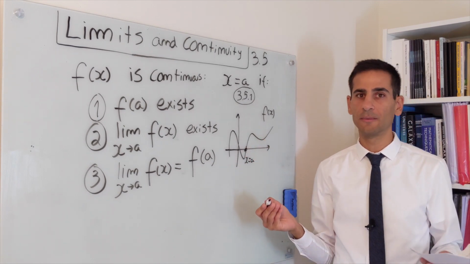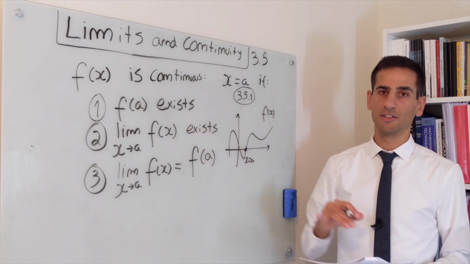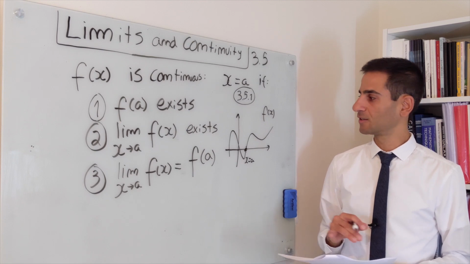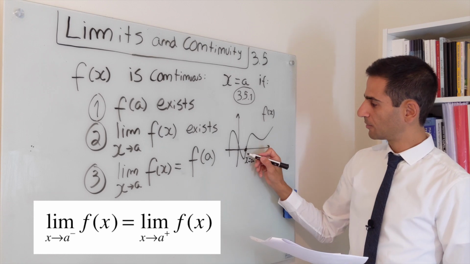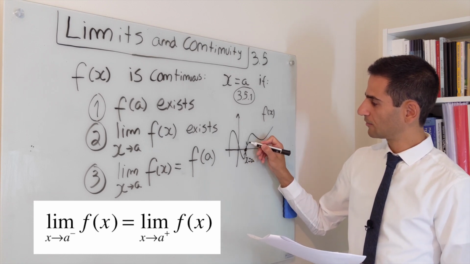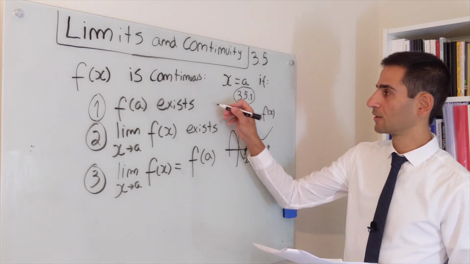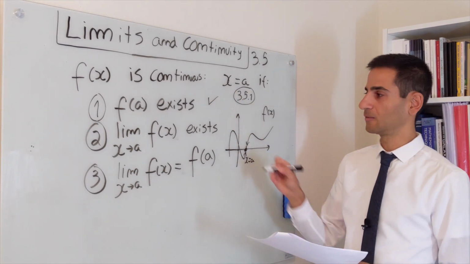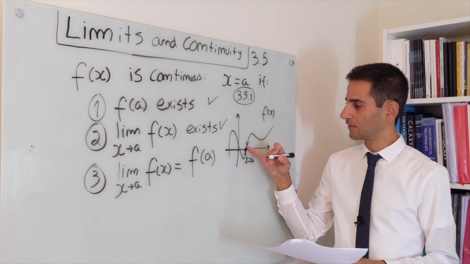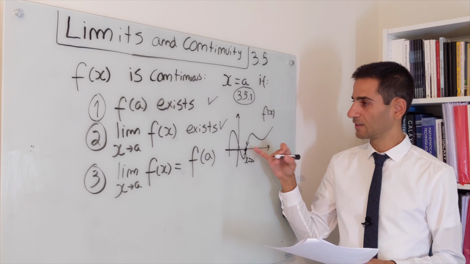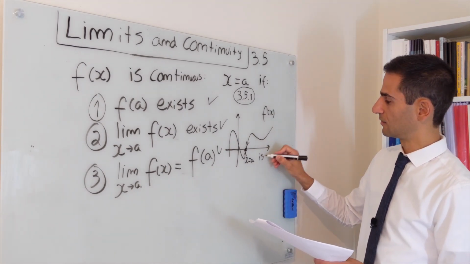In this case, it would be 0. It doesn't matter what the value is as long as it exists. Next, you check whether the limit exists. So for the limit to exist, it means that approaching it from the left and from the right, you get the same value, which in this case is true. So you tick option 1, you tick number 2, and also you see that the value that the function tends to is the same as f of a. So in this case, this point is continuous.